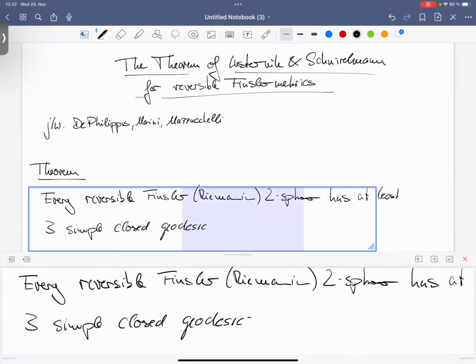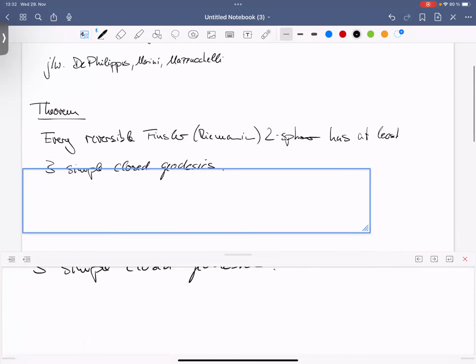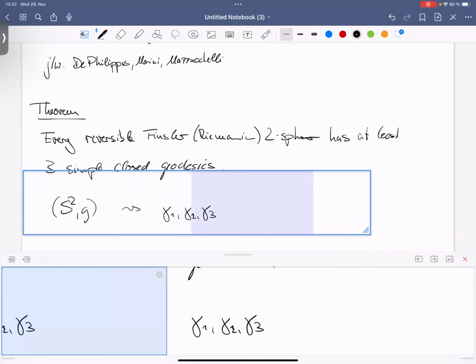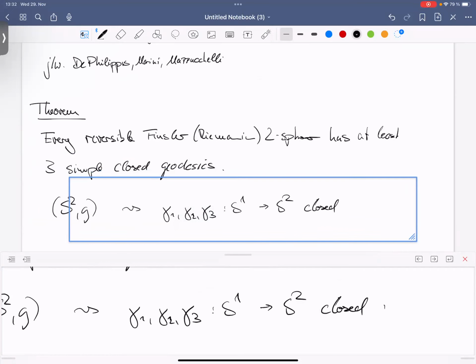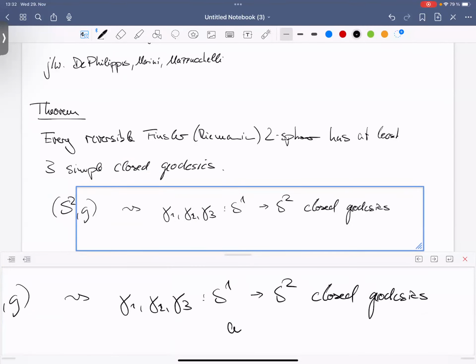So what I mean here is an S2 with, let's say for the moment, a Riemannian metric. And then we have three curves, gamma 1, gamma 2, gamma 3. These are curves in S2, and they are closed geodesics, and injective.